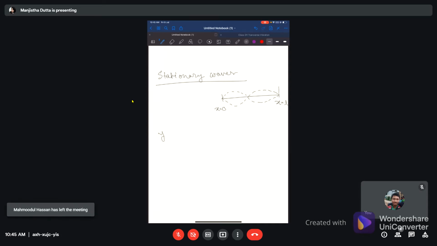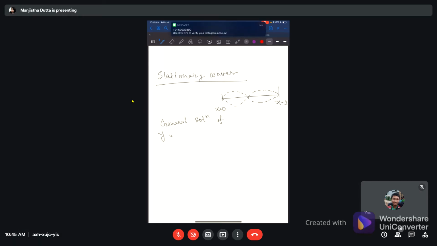In the last class, this is the general solution of a stretched string, and the solution was C1 cos omega t plus C2 sine omega t, times D1 cos omega x by c plus D2 sine omega x by c.